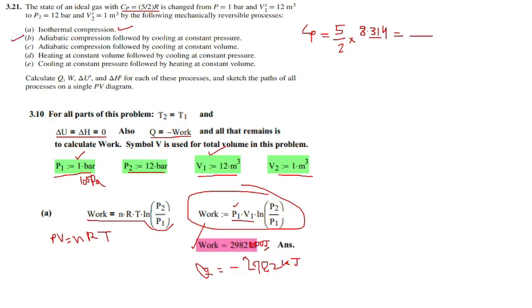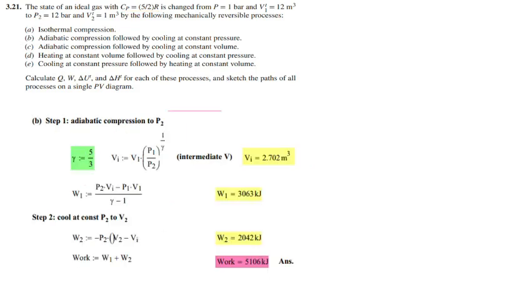So in part B, first there is adiabatic compression, which is followed by cooling at constant pressure. So first you will compress the ideal gas adiabatically. For calculating the work, you will use this formula. So you have to find the P2.